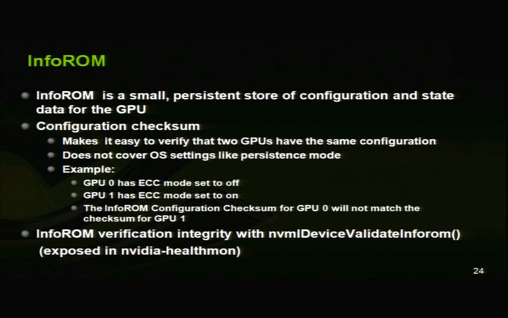So, for instance, if you have two GPUs, also in different nodes, GPU 0 has ECC mode set to off, GPU 1 has ECC mode set to on, then the InfoROM configuration checksum will give you a failure and say the checksums do not match between the two GPUs.